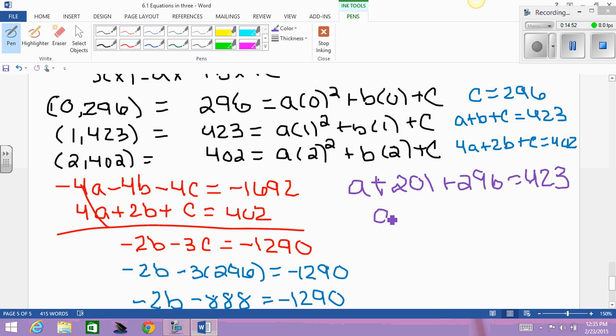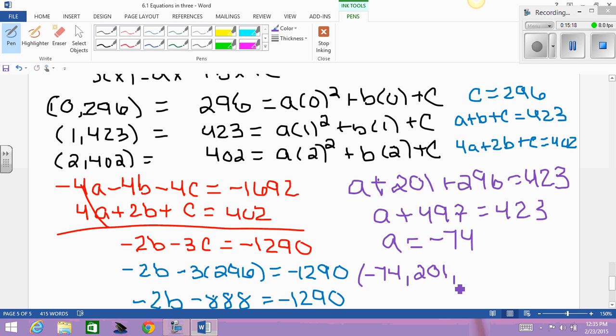So a plus 201 plus 296 is 497. Subtract it over. Negative 74. Okay, so we get negative 74, 201, and 296. So that's our solving of our system. So we've got a, b, and c.